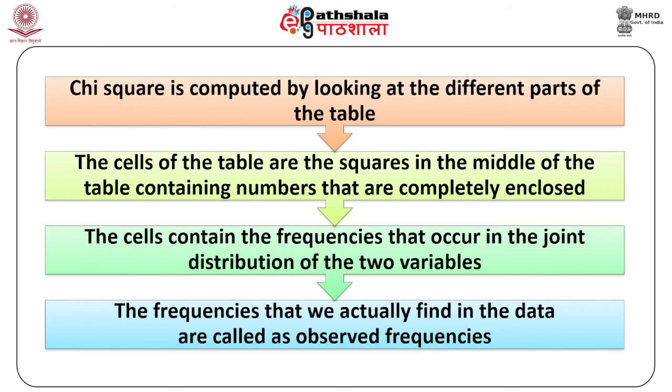The cells of the table are the squares in the middle of the table containing numbers that are completely enclosed. The cells contain the frequencies that occur in the joint distribution of the two variables. The frequencies that we actually find in the data are called observed frequencies.